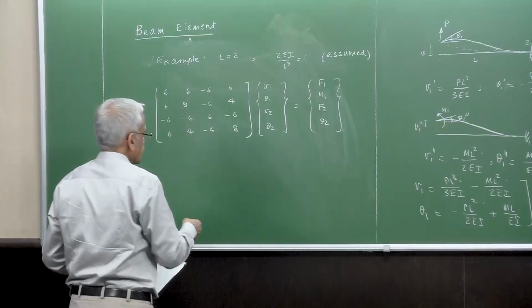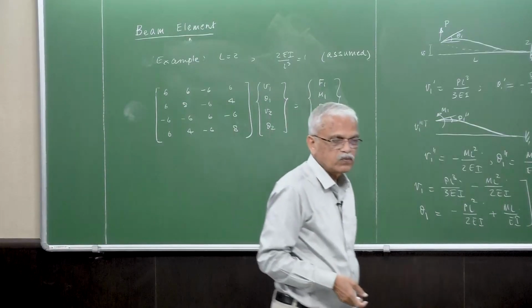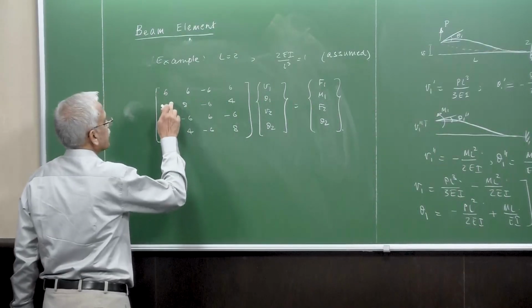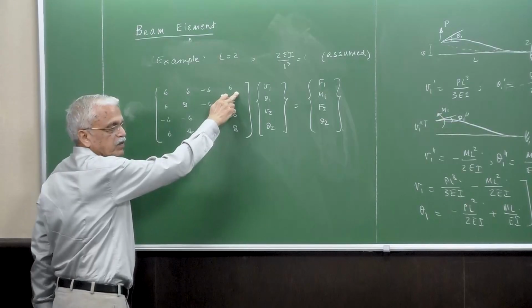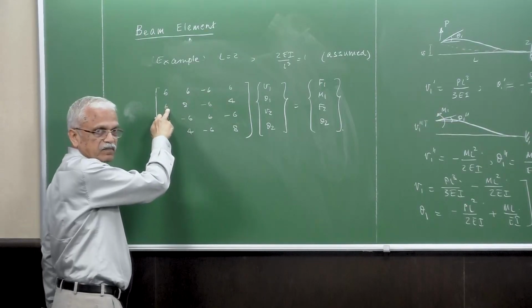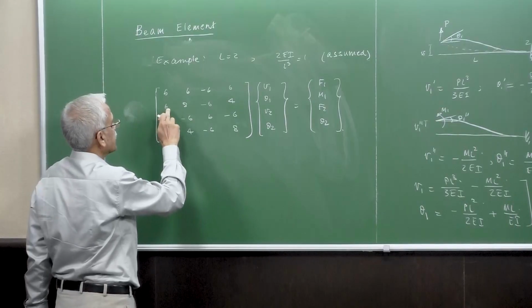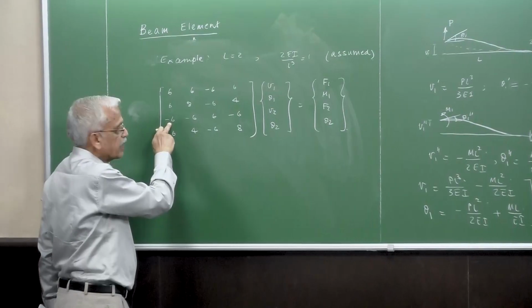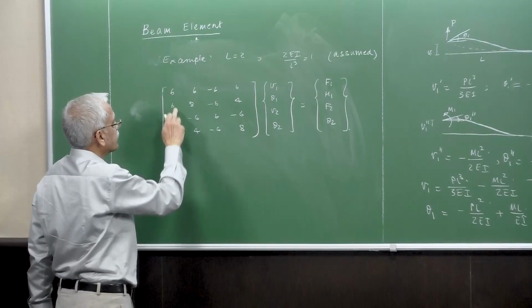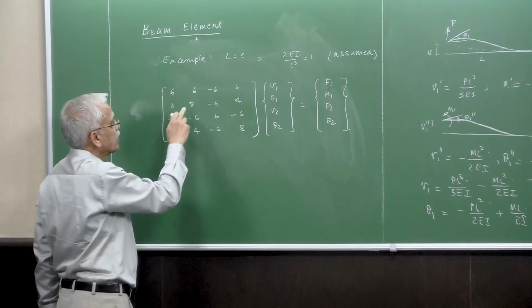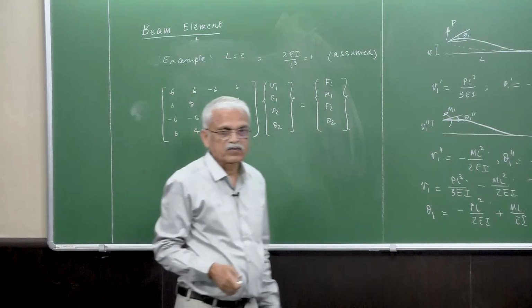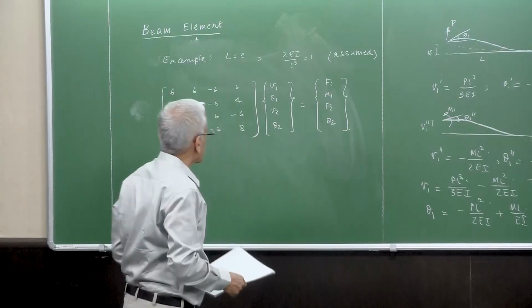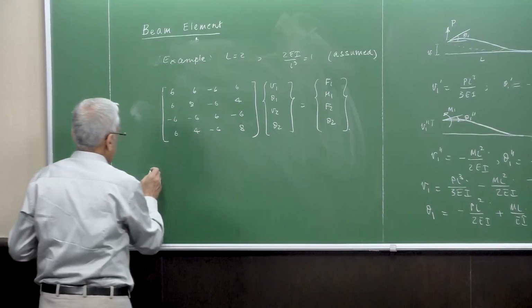In fact, you can even do Gaussian operation here, in the sense that you can take everything to be 1 here and then subtract from here by appropriately multiplying, so that this will be 0. Similarly here you can add a multiple of this, so that this becomes 0. So it's a Gaussian elimination process. If you do that, the bottom 2 rows can be eliminated.